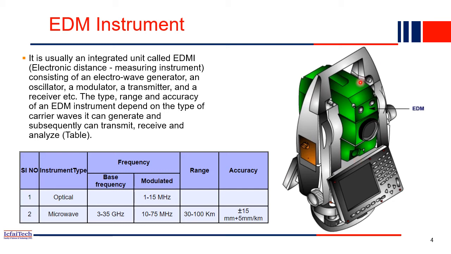The accuracy is plus minus 15 mm plus 5 mm per kilometer, meaning almost 1 centimeter maximum error. So what we have understood is that using an EDM instrument the accuracy is very high, and we can measure distances over a long range.